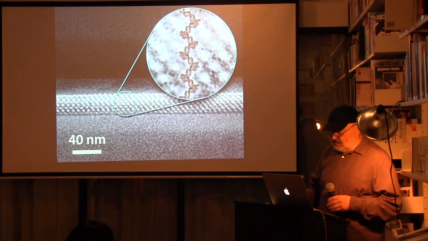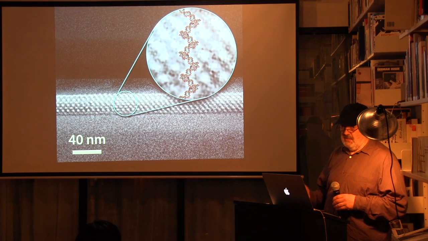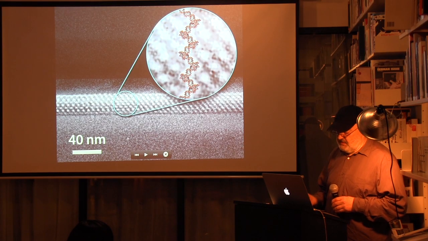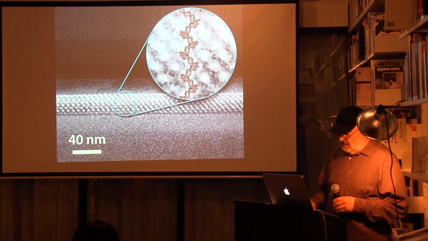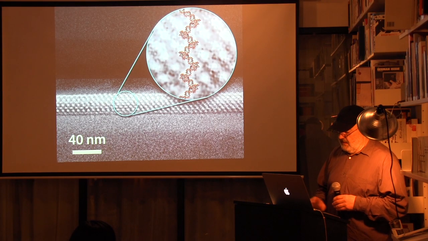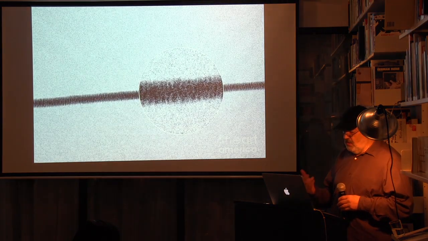Only in recent years, with the introduction of the electron microscope, was it possible to get close-ups of DNA. What we see here are some 40 nanometer close-ups of sections that show DNA. This is a model imposed on the part that, in fact, beneath is DNA.